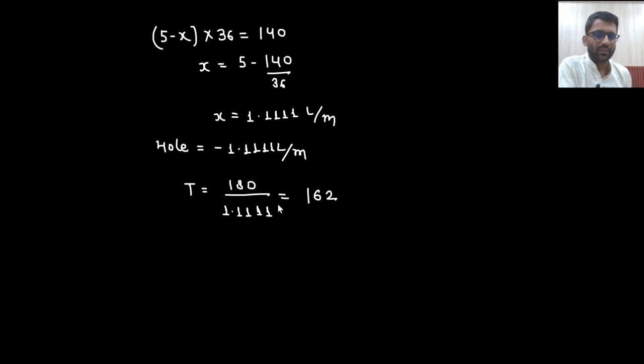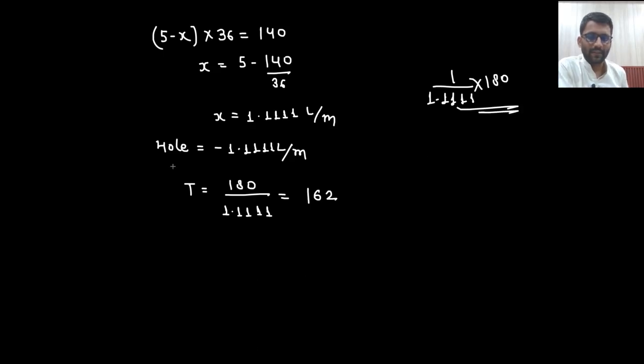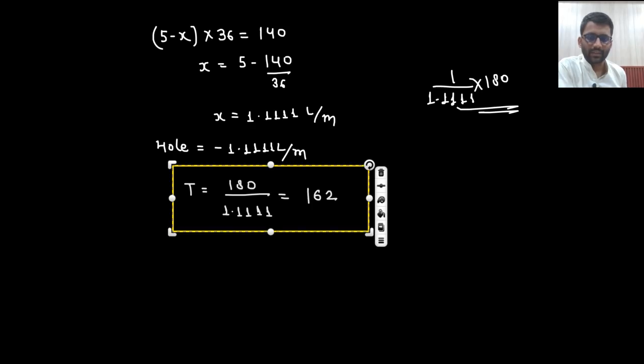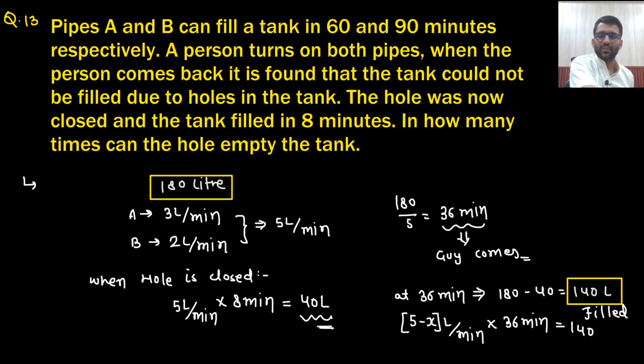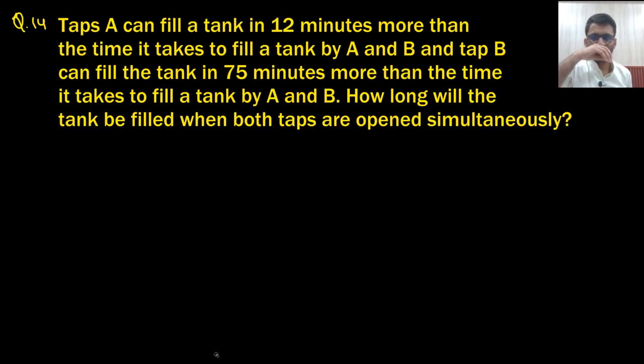So in the calculator only I will solve this. First I will get this answer, then I will take the reciprocal and multiply with 180. In the GATE calculator, I will get this answer, then do the reciprocal and multiply with 180. So 162 I will get. So in 162 minutes the hole would have emptied the tank. So this was a good question and I hope you must have understood it.